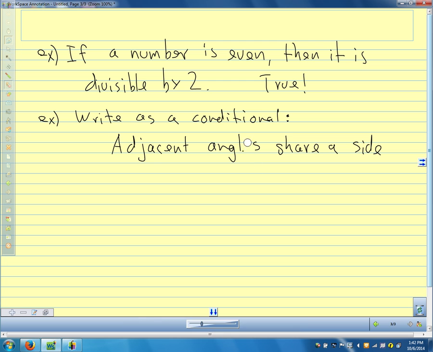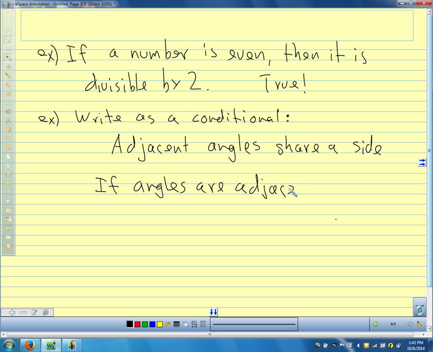So how can we write that statement as a conditional statement? A conditional statement has an if and a then, so we want to say, if two angles are adjacent, then they share a side.